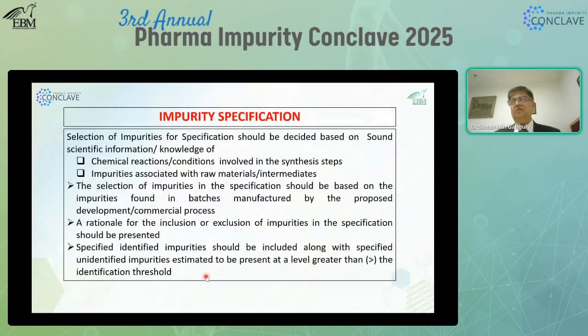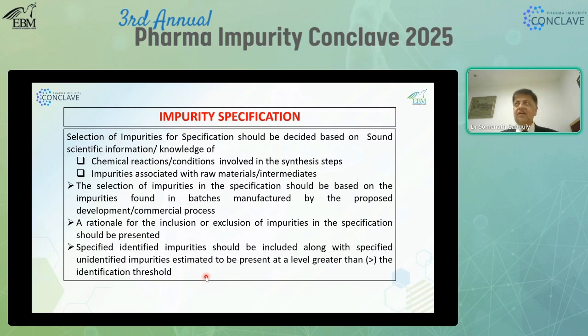Whenever the impurity is concerned, what we have to know is how to calculate the specification and what is the specification. In my opinion, it is based on sound scientific information and the knowledge of the chemical reaction and conditions involved in the API synthesis steps, impurities associated with the raw materials and the intermediates.